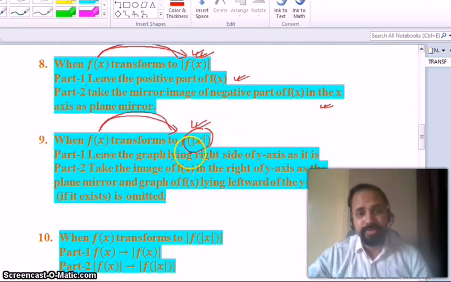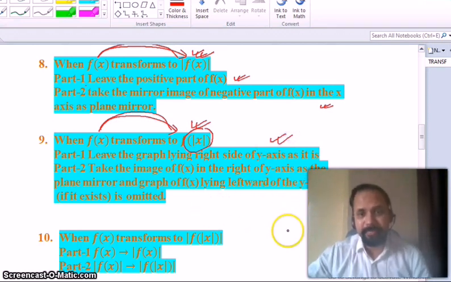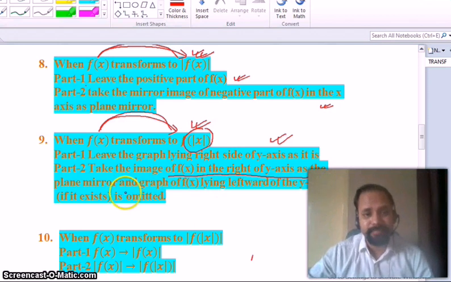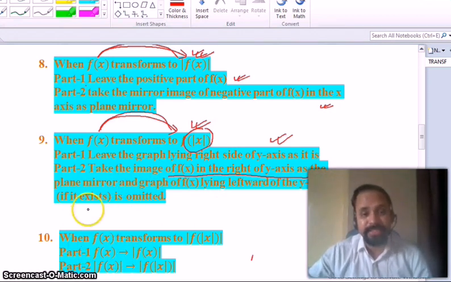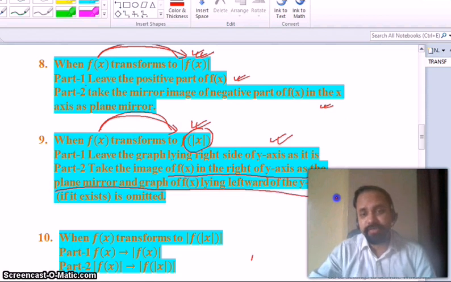In this one, we do just the opposite. We leave the part of the graph to the right side of the y axis, and take its image, with the y axis as the plane mirror, and the graph lying to the left of the y axis is omitted.